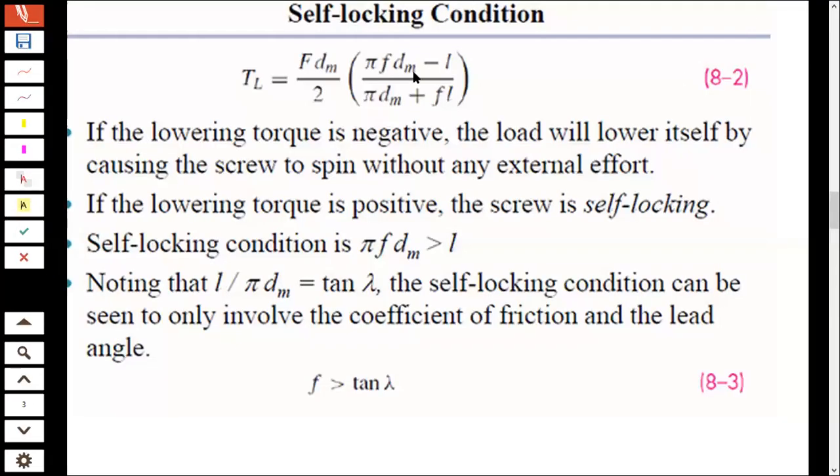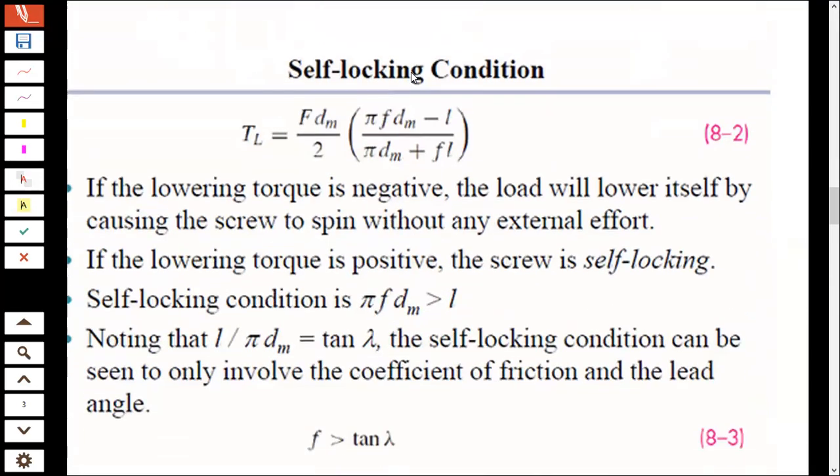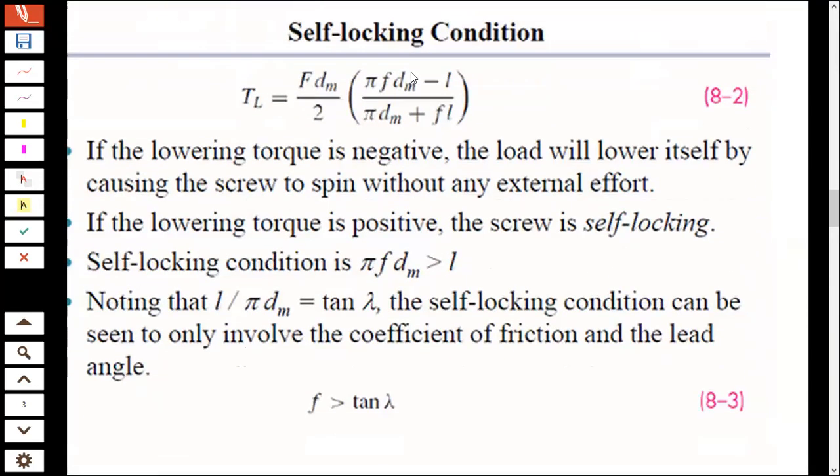Now let's see, when we lift a load with the help of a screw jack, we lift it up. There is a condition where your torque required to lower the load. Well, we calculated that the torque required to lower the load is F dm by 2 times pi F dm minus L over pi dm plus F L, right?